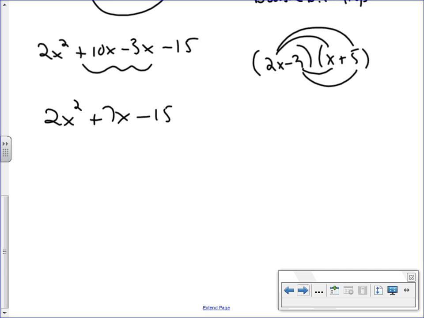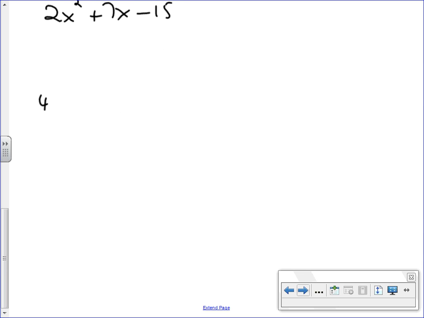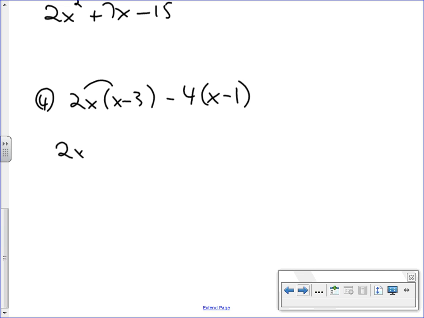Okay? A few more things that we did just involve plain distributive property. And I want you to be particularly careful about your distributive property, whether it's this kind of problem or whether it's a FOIL problem, and watch your signs. This is 2x times x, which is 2x squared. 2x times negative 3 is minus 6x. This is minus 4 times x, minus 4x.